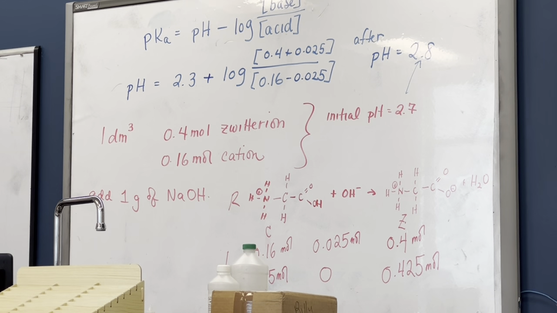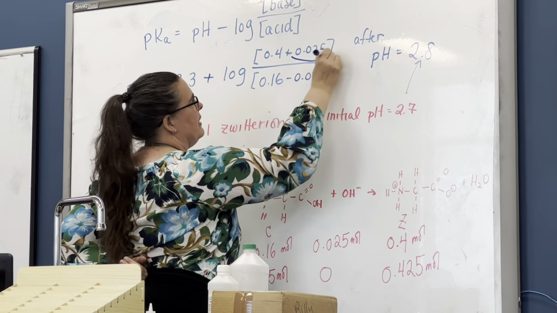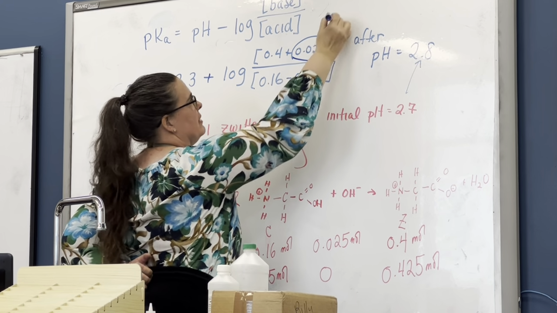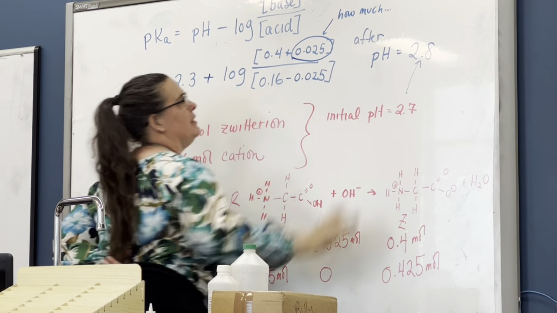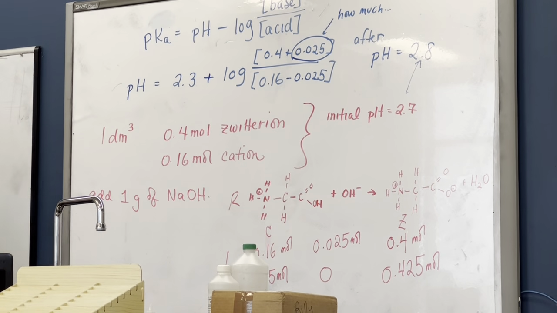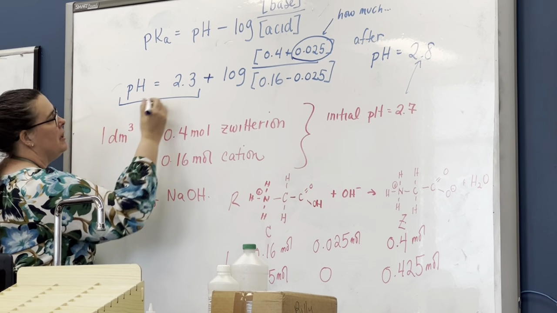So buffer capacity is a measure of how good a buffer is at resisting change in pH. And one way of thinking about that is how many moles of sodium hydroxide could I add to make this change by 1 unit?